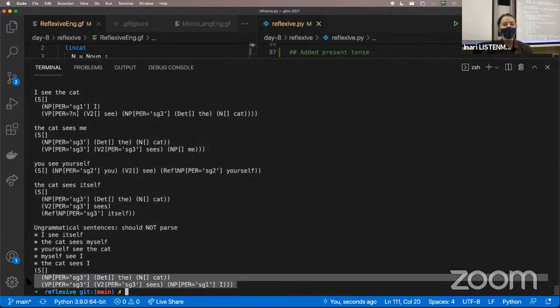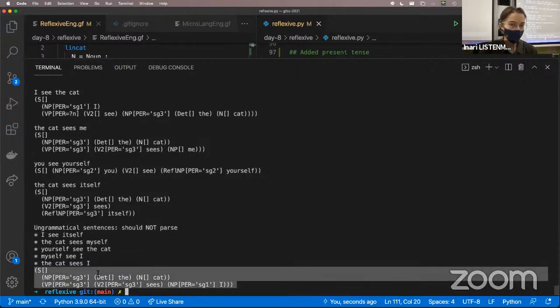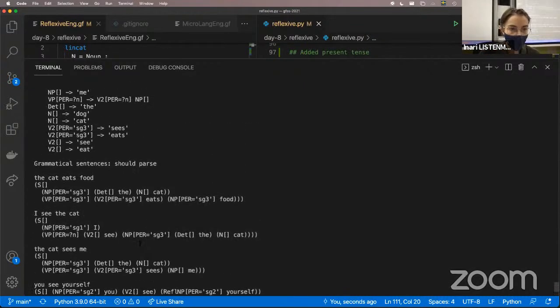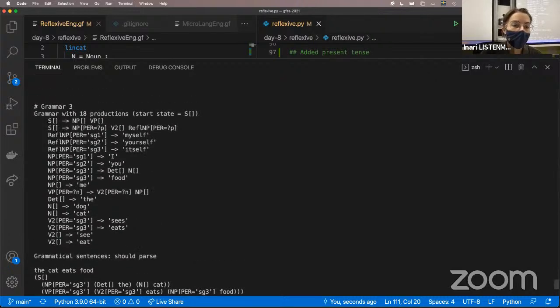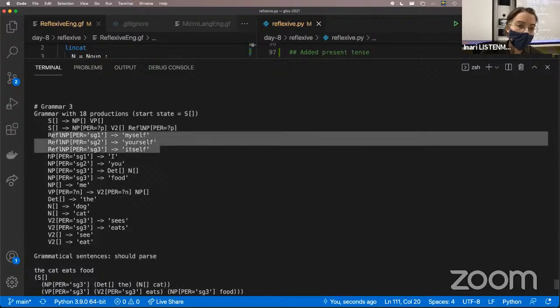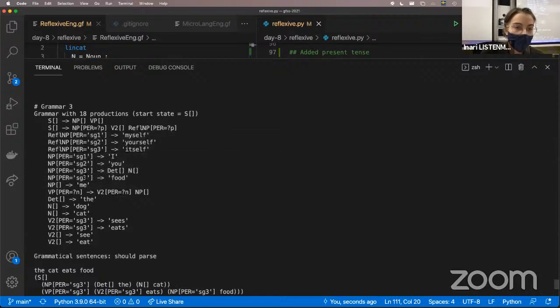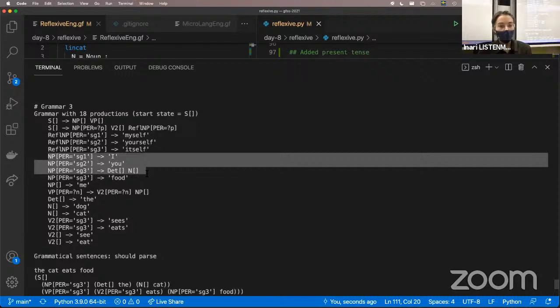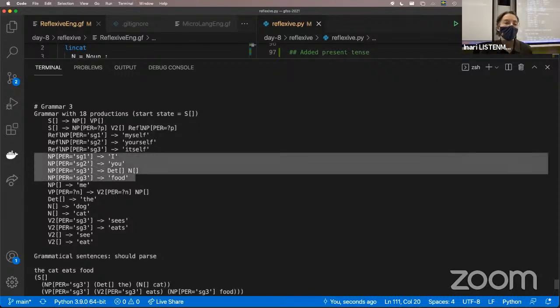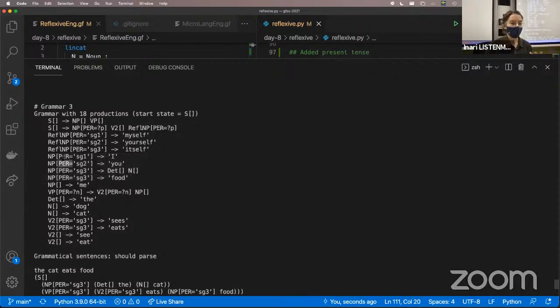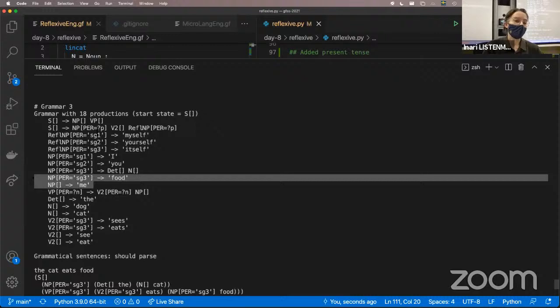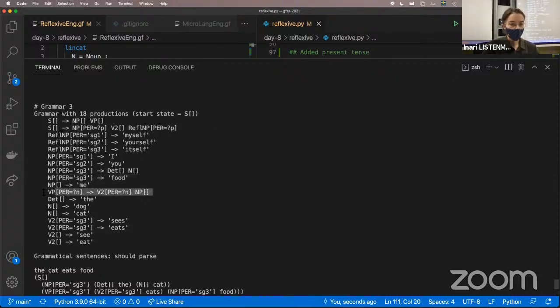Yes, so this is not handling case properly yet, because we only separated reflexive NPs from other NPs, and then we only made those that are possible subject NPs have this person-like feature, but we didn't do anything to discourage them from becoming the object here.